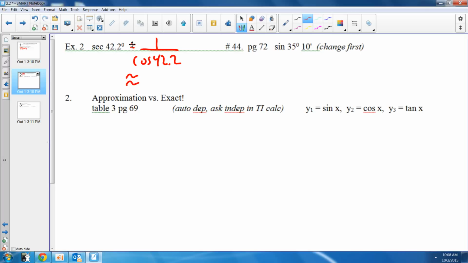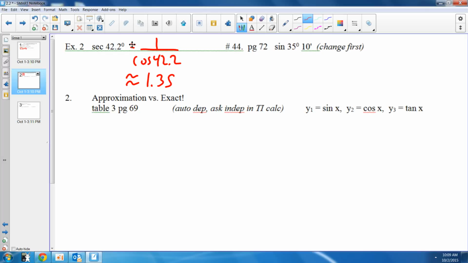When you type in 1 divided by cosine 42.2, you should be able to come up with 1.35. Okay, so the secant of an angle is approximately equal to 1.35, which is a number. Whenever you take the trig function of an angle, you're always getting a number.